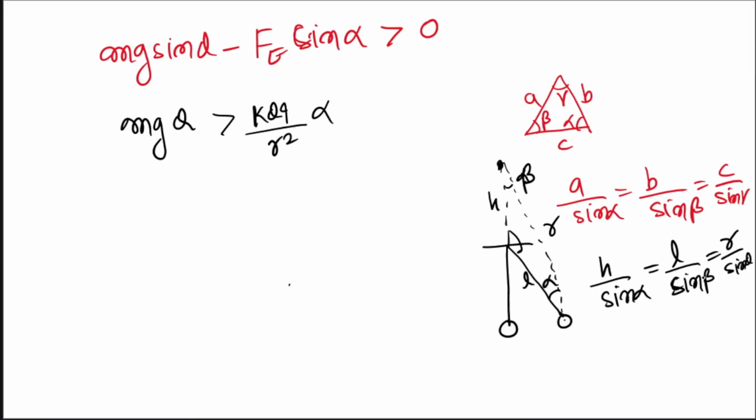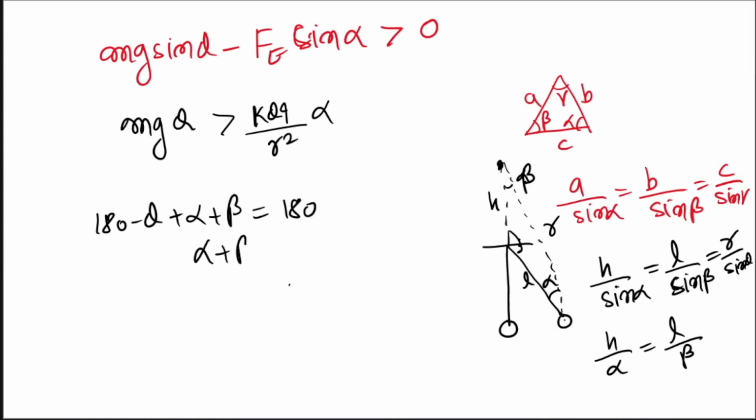Now from here, since alpha and beta are small, H by alpha can be written as L by beta. So basically, here we have to talk about theta and alpha, right? So from here we are able to get the relation of alpha and beta, and alpha, beta and theta are related, right? So if you look into this triangle, 180 minus theta plus alpha plus beta is equal to 180, right?